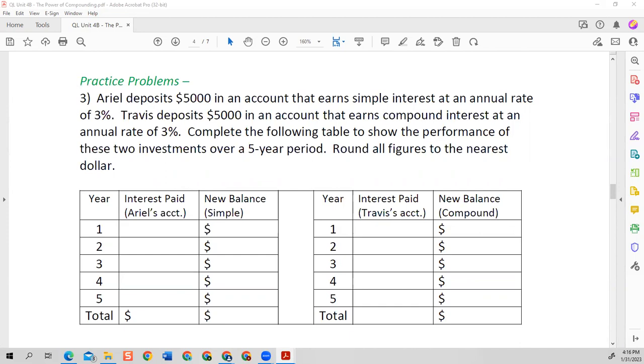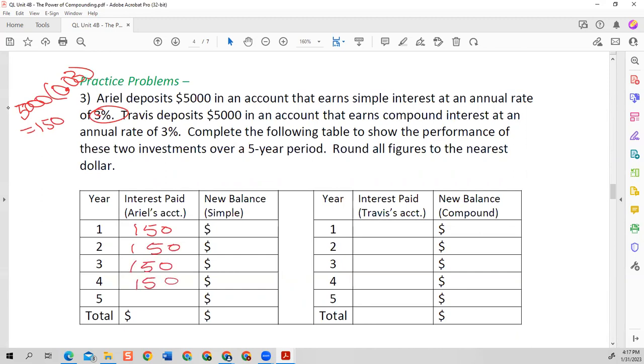So we have $5,000 at 3%, right? So we take that $5,000 and multiply it by 0.03, which is 150. If you need to do the math work on paper, we had to convert that to a decimal. It's 150. Okay, so we're doing the simple here. So this does not change, right?